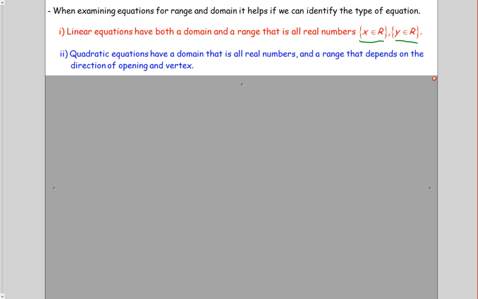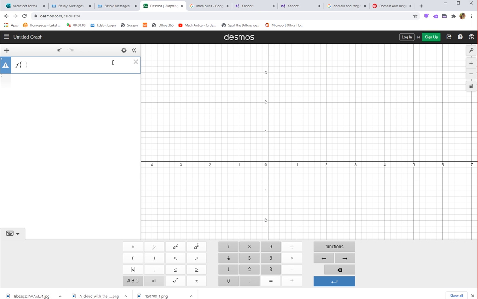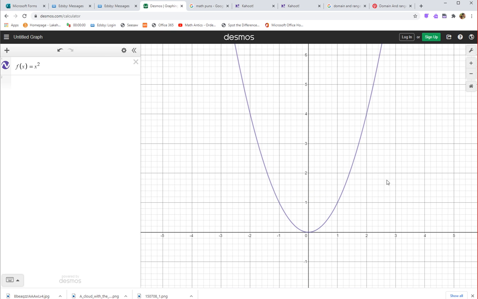If it's a quadratic, well, that depends. Right? Let's go and have a quick look at a quadratic. So let's say f of x equals, our basic one is just x squared, like that. And we can see that it's going to keep going out and out to either side, continuing forever. We can put in any x value and get a y value into this function.